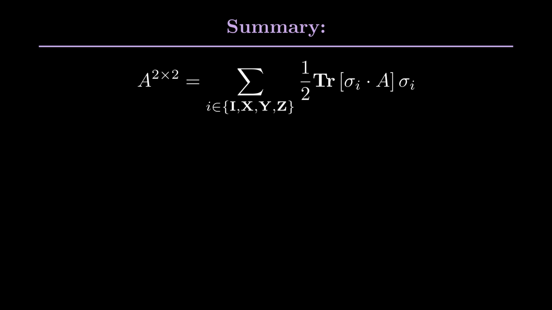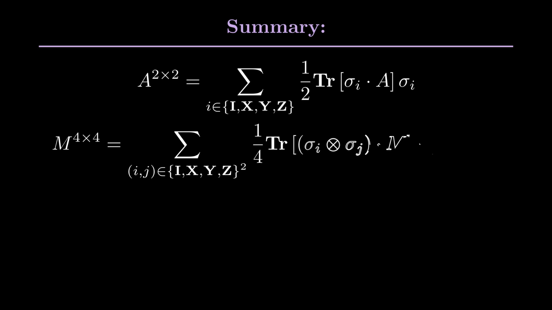Then, we introduced the Hilbert-Schmidt inner product and saw how we can use it to iteratively solve for those coefficients. Next, we saw how to amend our expression for the 2-qubit case with a 4x4 matrix. From these two expressions, we'll now try to write a concise expression for the general case of writing an n-qubit Hamiltonian when given a 2 to the n by 2 to the n matrix as input.